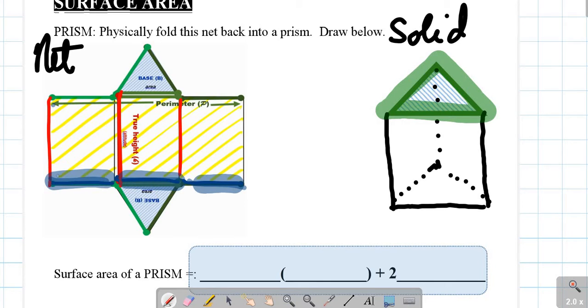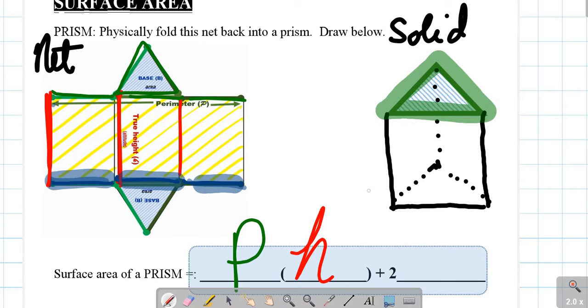So the first step is to simply find the perimeter of the base, which when you unfold it would be these three lengths. So the perimeter of the base times the one height, which is the distance between the bases. So perimeter times height plus the area of the two bases. Now notice, whoops, I should have shaded that a different color so it's easy to keep track of. We'll make the area of the bases blue, because I already have perimeter as green.